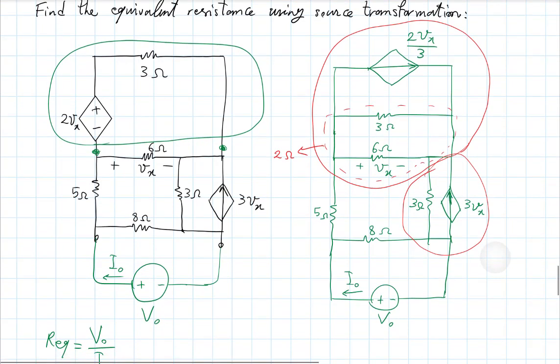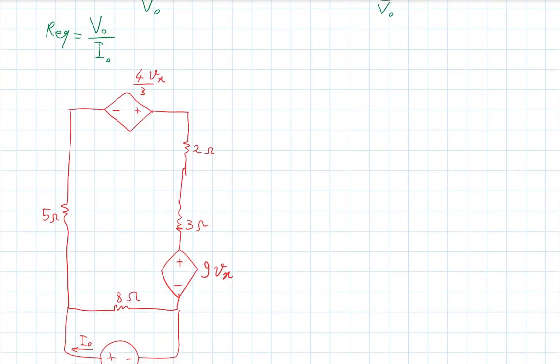So I have done this, and arguably this is a simpler circuit maybe to solve because I have just 2 loops. It's easy to write KVL, KCLs, or mesh analysis. And I can maybe combine the 2 ohm and 3 ohm. Okay, so let's say I combine them. I say this is 5 ohm. Great. I have 4/3 of Vx at the top, 9 Vx here.